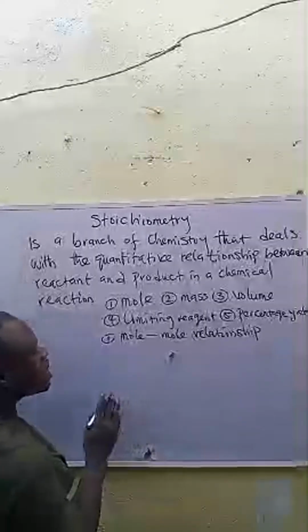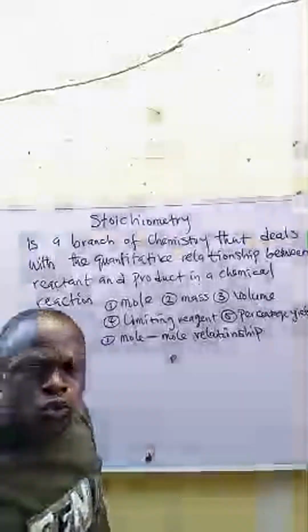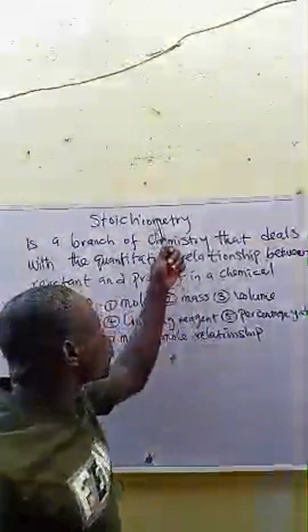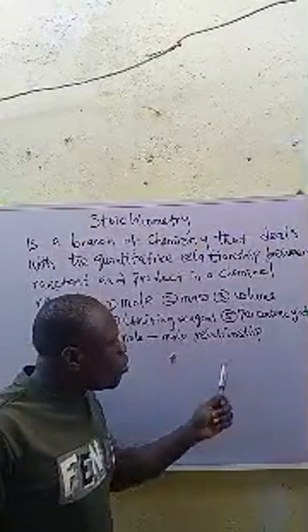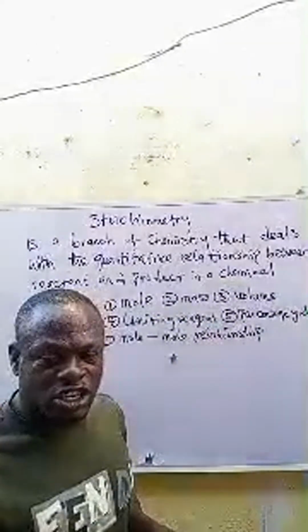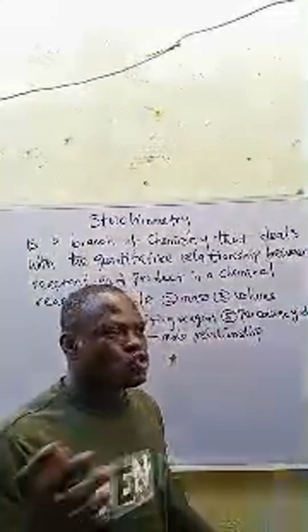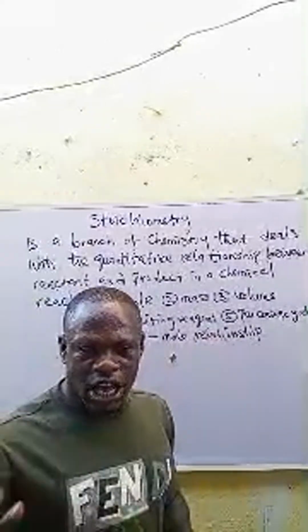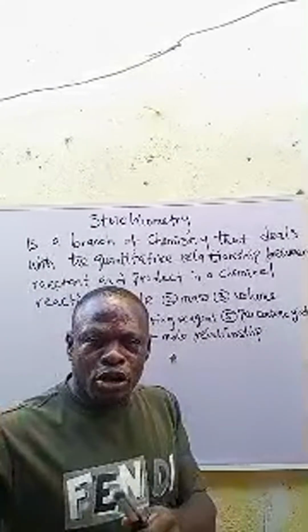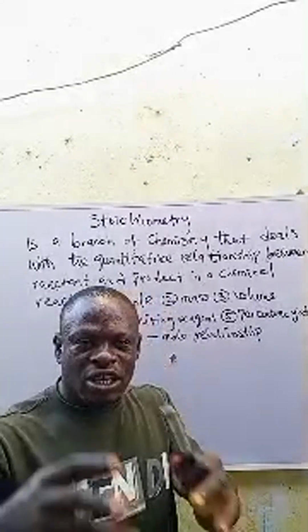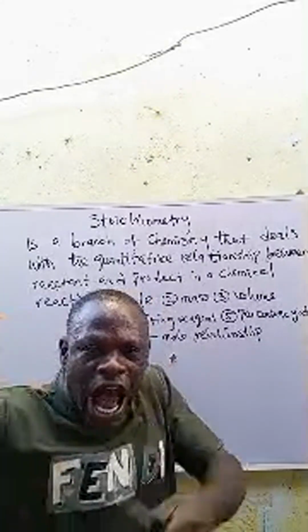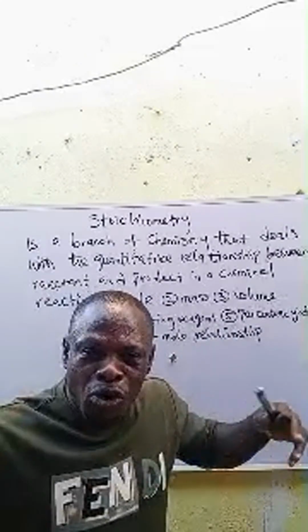For you to be able to calculate stoichiometry, you must understand the mole relationship. For instance, they give you a question like 2 moles of hydrogen react with nitrogen to produce how many moles of ammonia? That is what we call mole relationship.